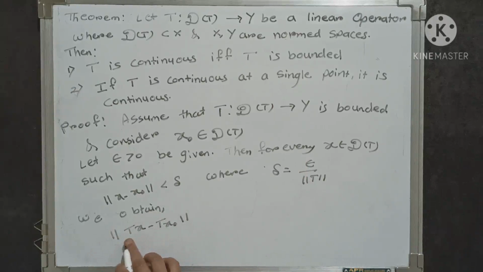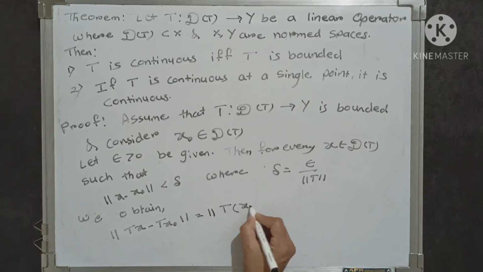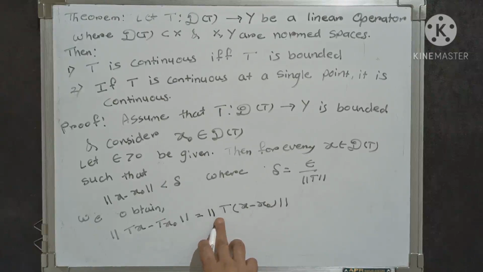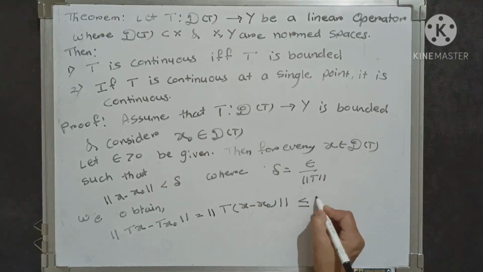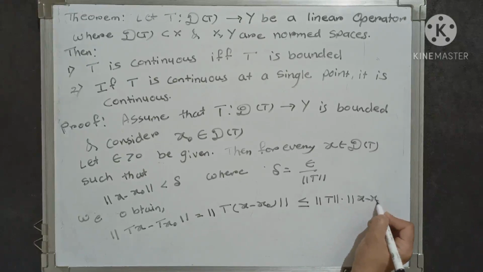Just by taking the linearity of capital T, that is equal to the norm of T of x minus x naught. And as T is bounded, it is less than or equal to the norm of T into the norm of x minus x naught.